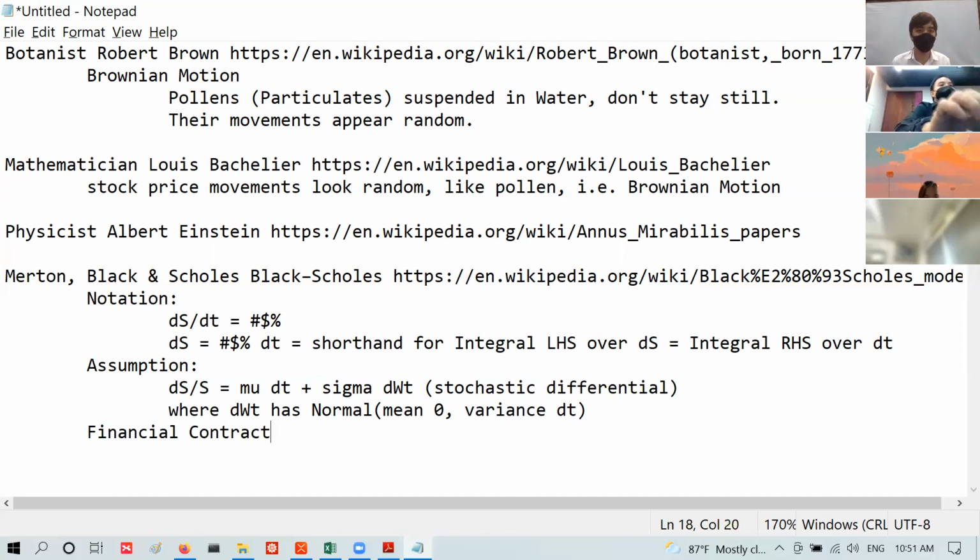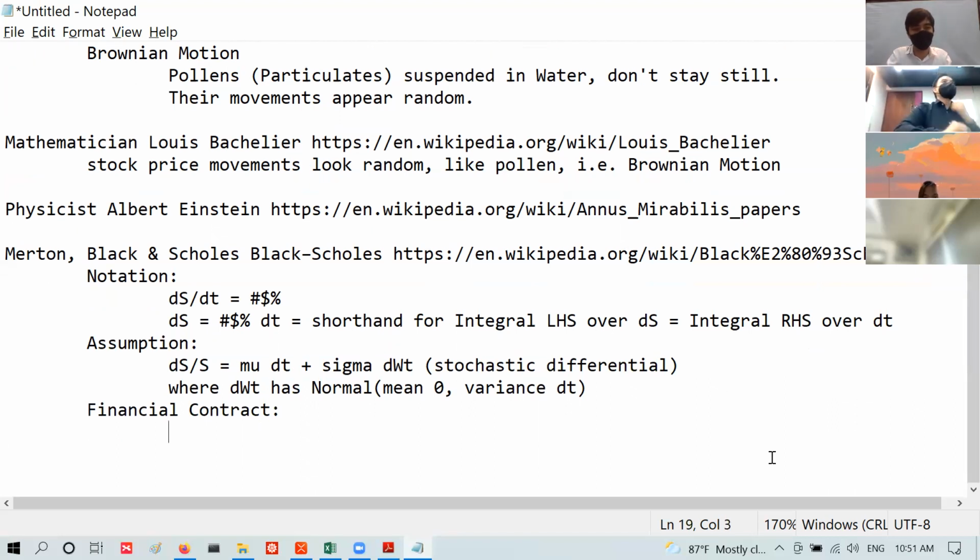Financial contract. Here's a financial contract. By the way, 5 years ago, this would be taught in a financial engineering class, maybe on the other side of the campus. If I have S, the stock price at time 0, and then you have the stock price at time t, and then you have the stock price at time big T. T is like big T in the future.